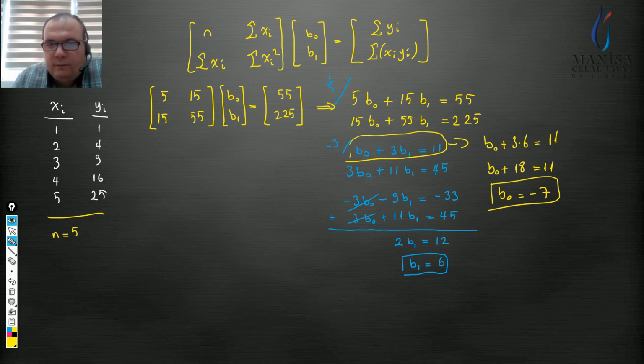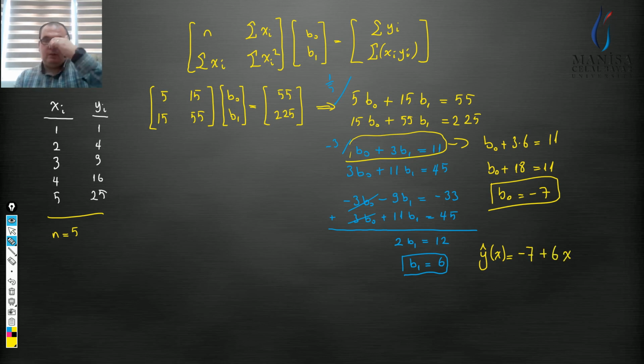We have y hat equals minus 7 plus 6x. We have this equation. And let me create a scatter diagram.